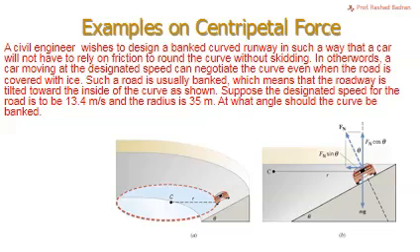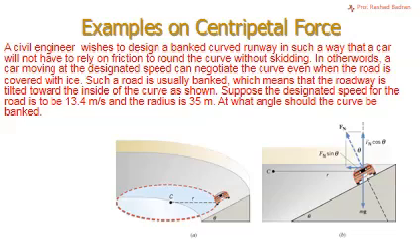In another sense, when the car is moving at a certain speed, this car will be able to negotiate the curve even when the road is covered with ice or frictionless.